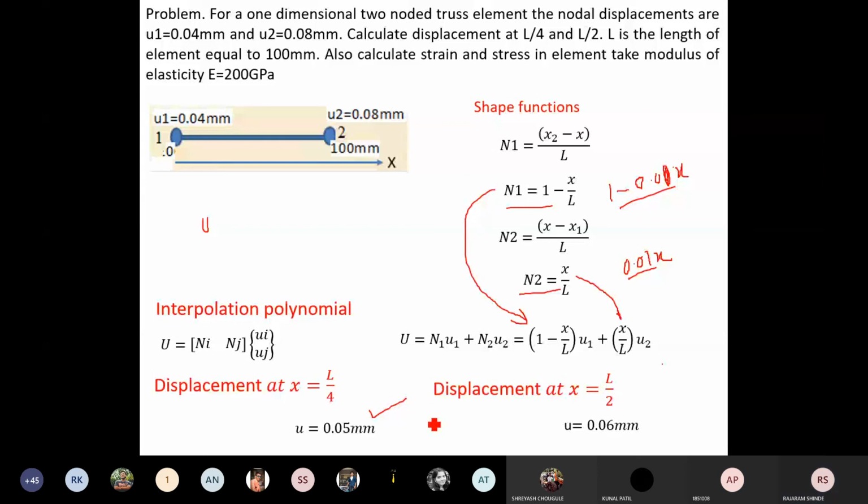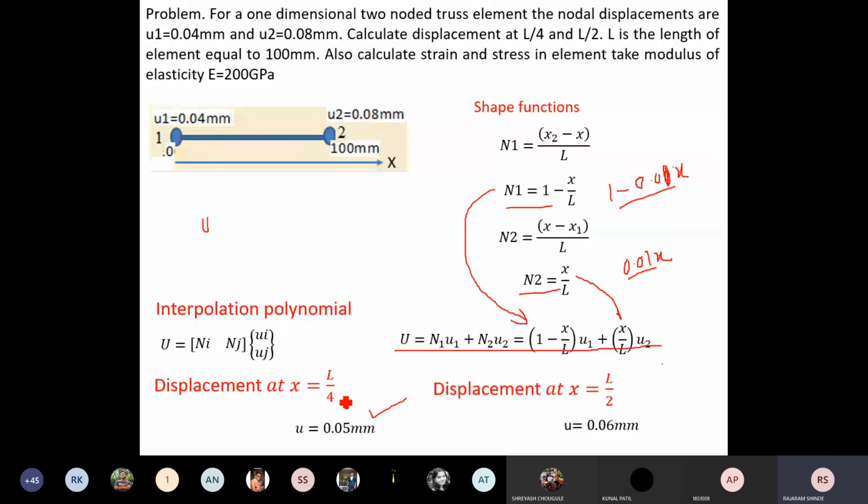You just put the value of x as L by 4 in this equation, the same as what we did earlier. You see here, this is your displacement equation, the variable displacement equation.